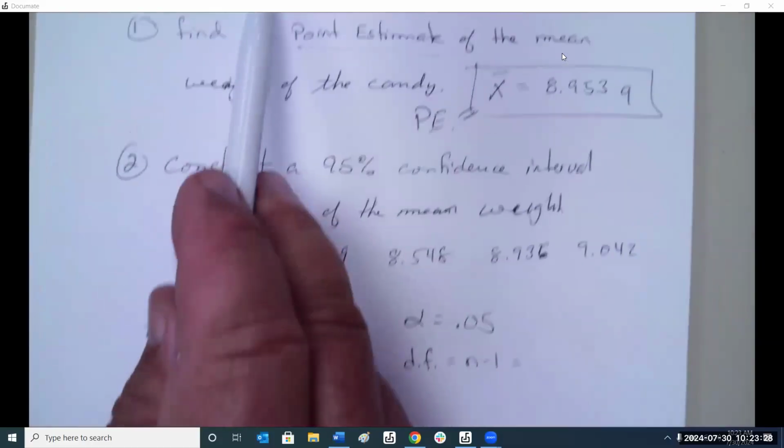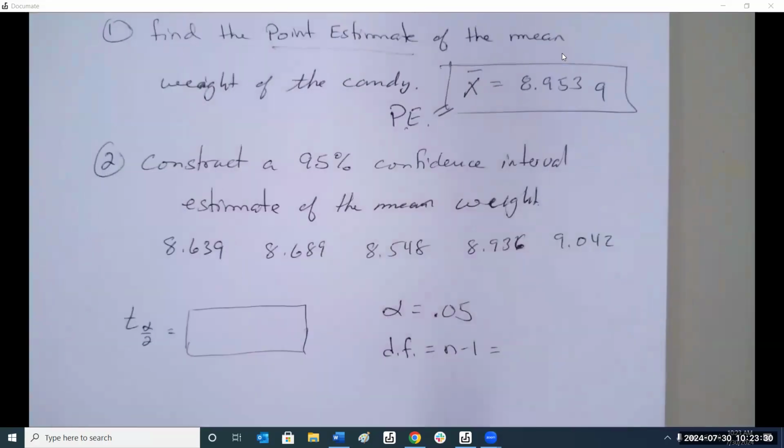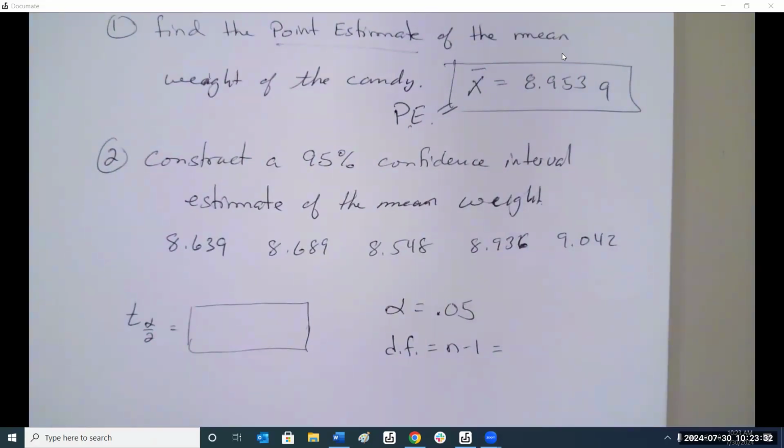Wouldn't the degrees of freedom be 5? Why would it be 5? Because isn't n 6? I thought the given information was that n was 6, and you do 6 minus 1, and that would give us 5 to find the degrees of freedom.